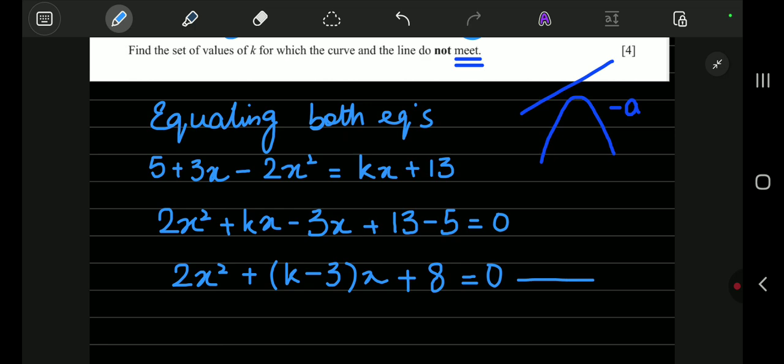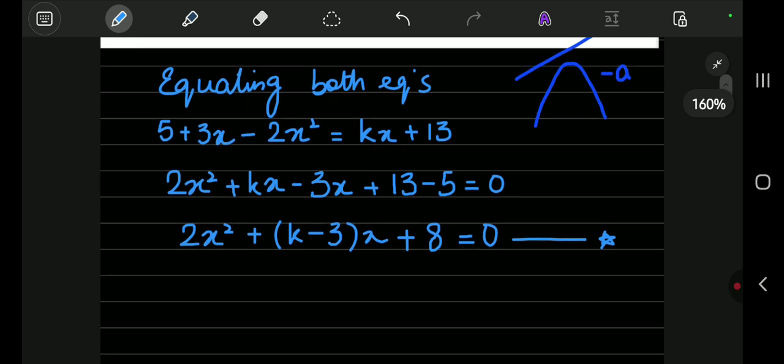Whenever we get this equation after equating two graphs or two curves, we can apply the discriminant on this quadratic equation to get whatever the condition is. Here when they say they do not meet, that means b squared minus 4ac, that is your discriminant, must be less than 0.